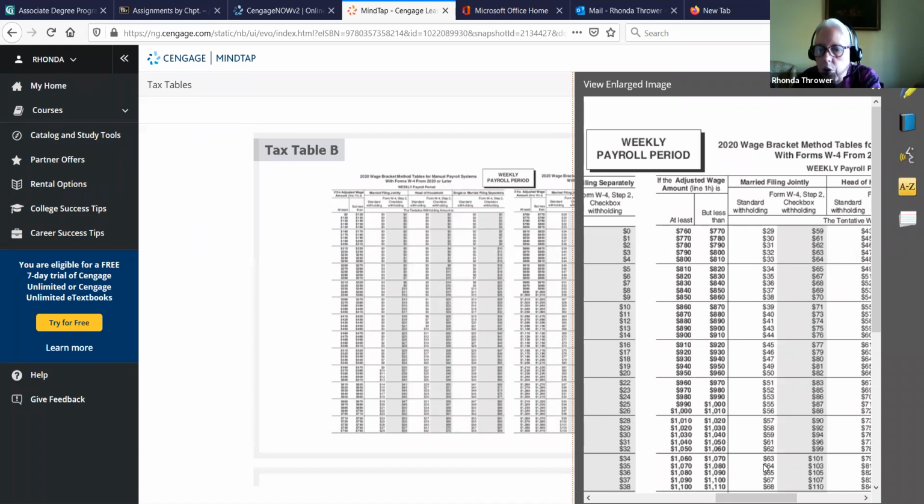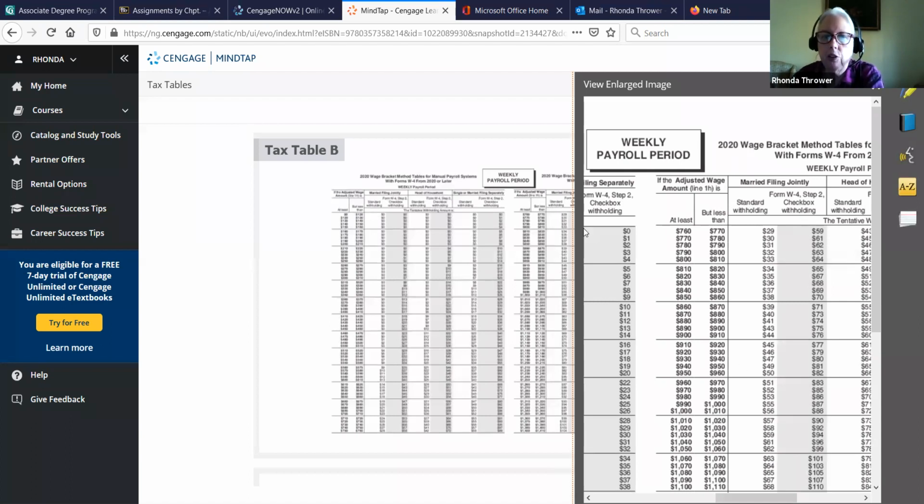You're going to go across to where it says $63. This is the tax amount for married filing jointly with a weekly paycheck for a pay in the amount of 1,060 to 1,070. This is the federal tax amount that you're going to pick up. It's $63.